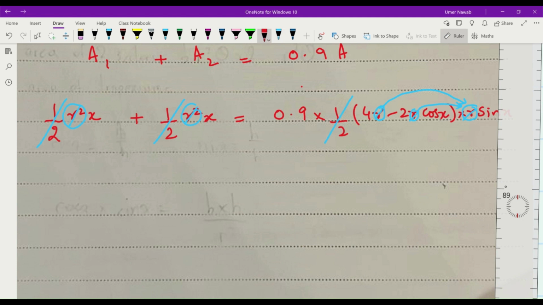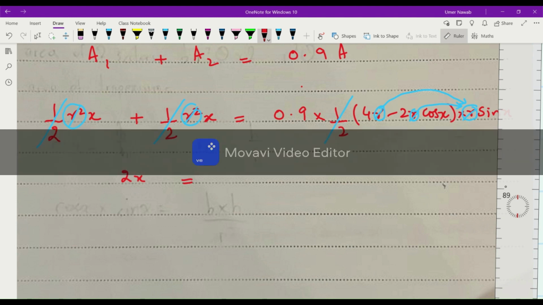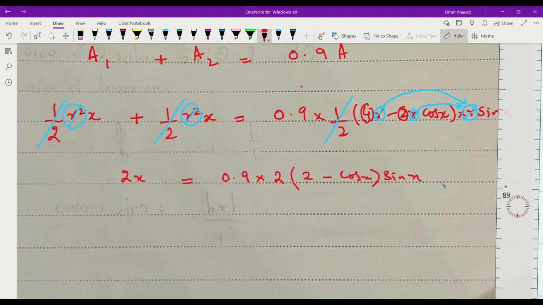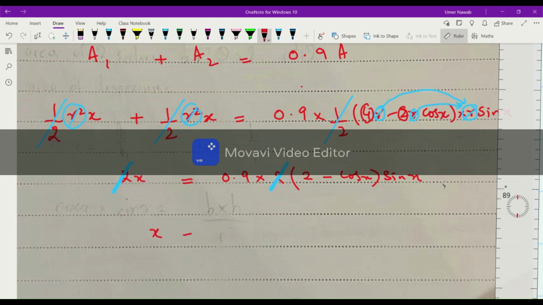Now what is left to me? x plus x is 2x on the left hand side and then 0.9. Also you can take 2 common. So what is left inside? 2 minus cosine of x and then sine of x. Now this 2 is also cancelled with this 2. Now what is left to me? x equals 0.9 times 2 minus cosine of x, and sine of x.